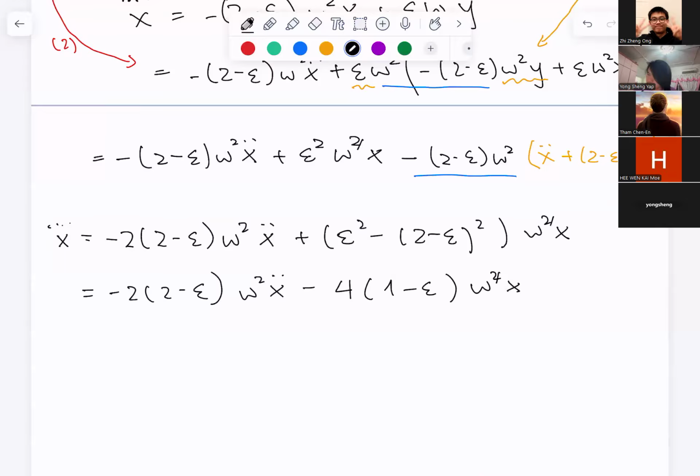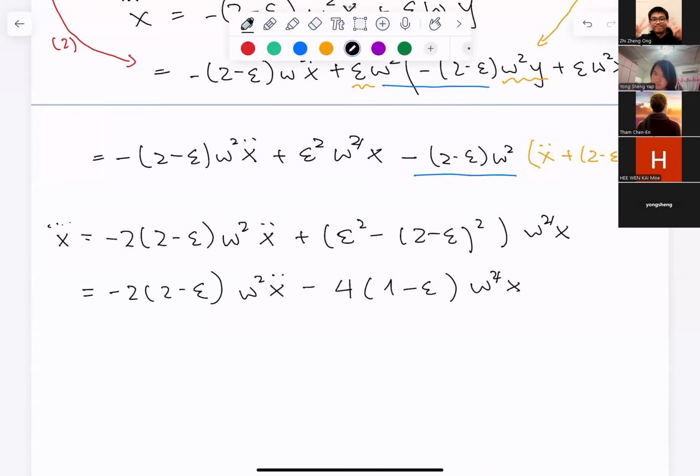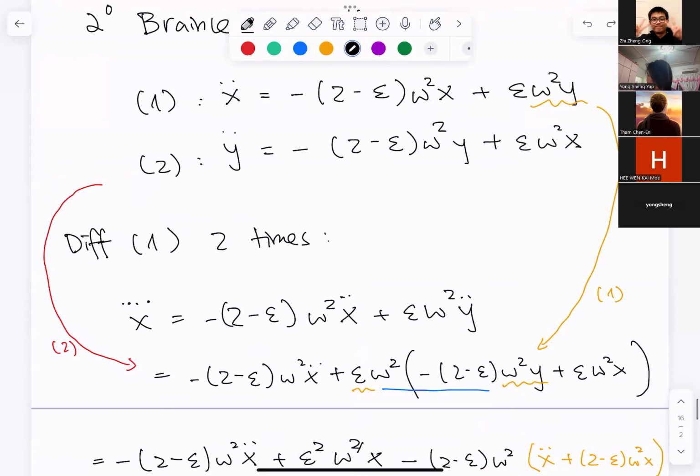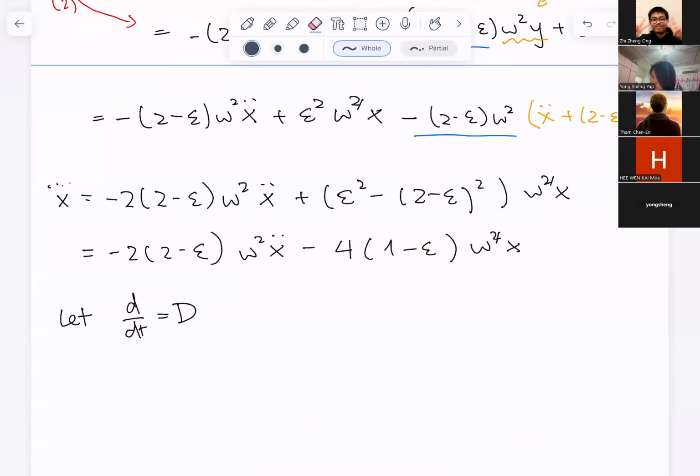All right. So, one thing I can do now is, for sake of notation, let's say d over dt, let's say this is just d. Okay, let's define notation.